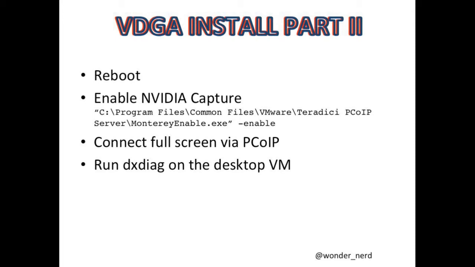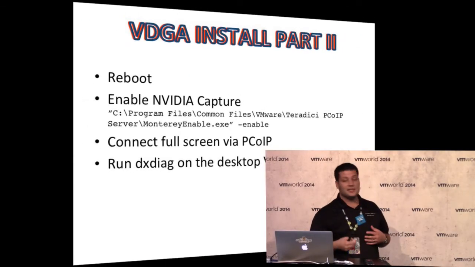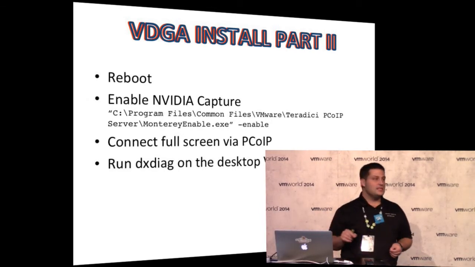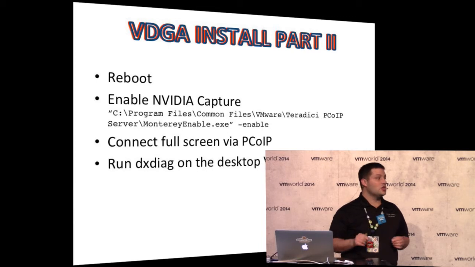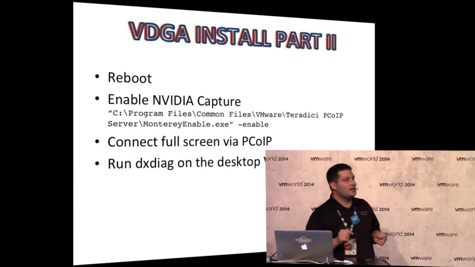And then the last and most important part of the process is you want to connect full screen via PC over IP connection to the desktop for the first time to make sure that it actually applies.